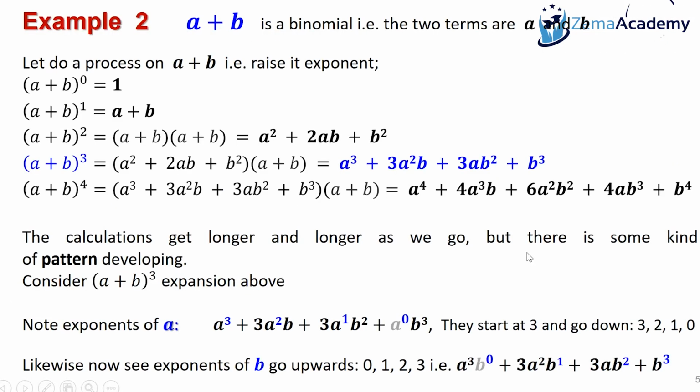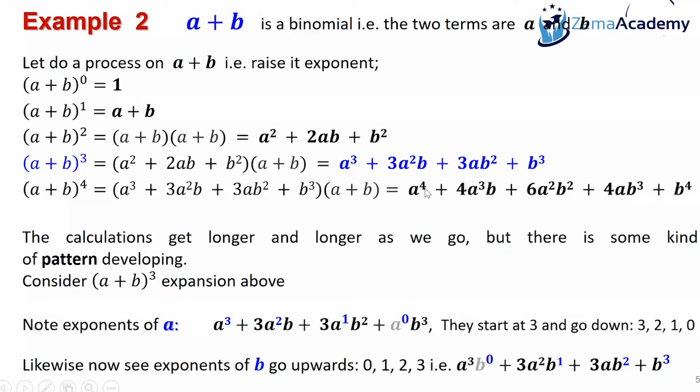Okay, so now I just want to focus on the exponent. If you look at this expression, you will see that the power of a is decreasing as you go along to the second term, third term, and so on, and the power of b keeps on increasing.